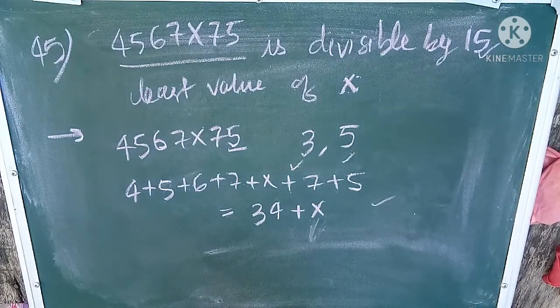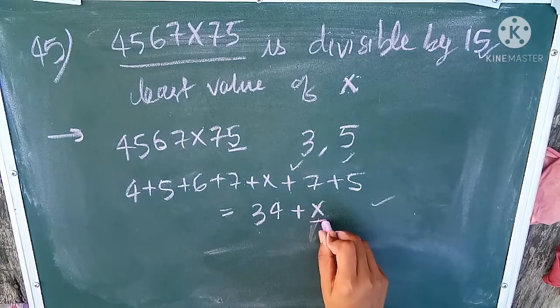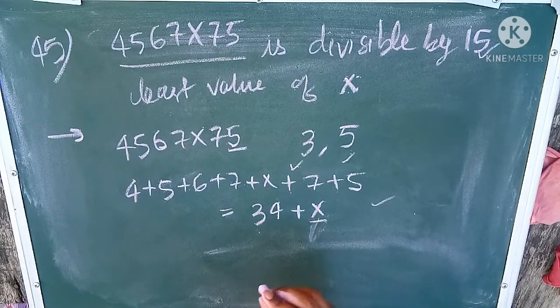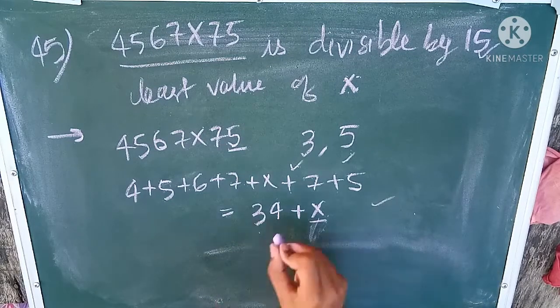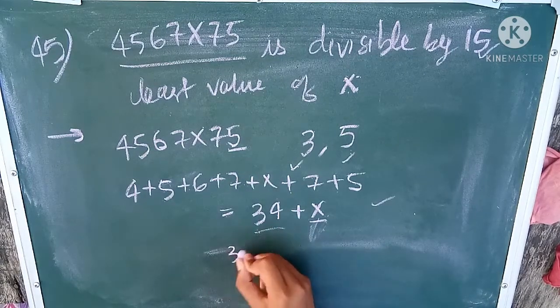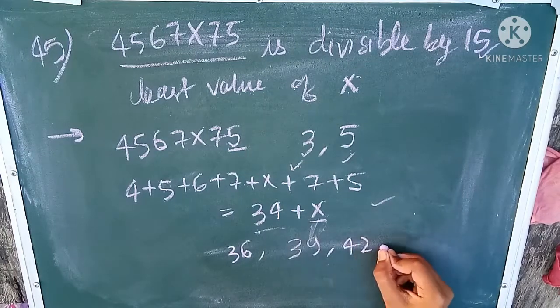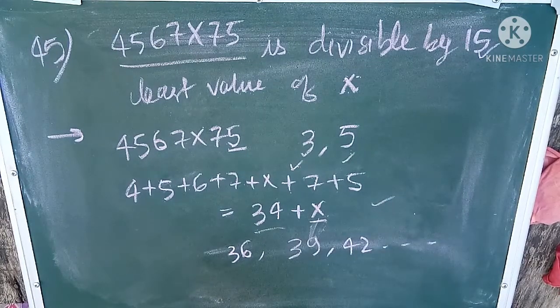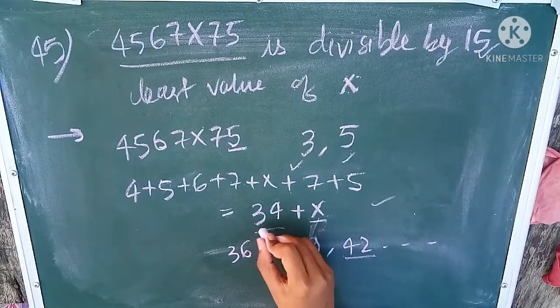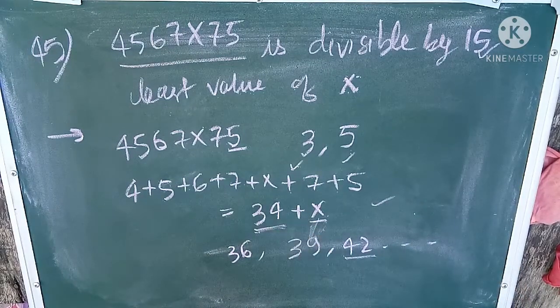So what will be at the place of x so that the whole sum is divisible by 3? The number greater than 34 which is divisible by 3 is 36. The next is 39, and the next is 42, and so on. There are a lot more numbers greater than 34 which are divisible by 3. So in the question we have to find the least value of x.